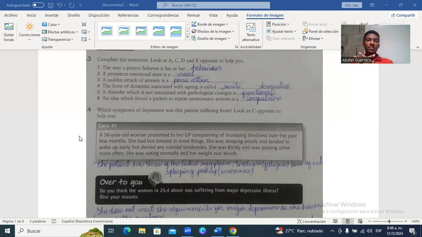She was sleeping poorly and tended to wake up early, but denied any suicidal tendencies. She was thirsty and was passing urine more often. She was eating normally and her weight was steady.